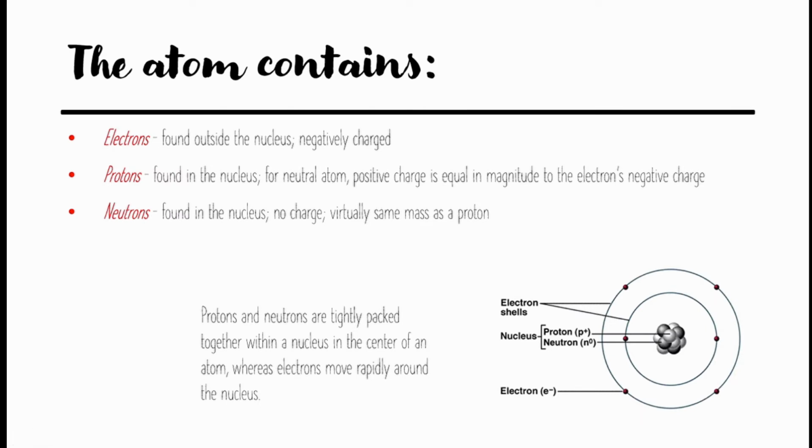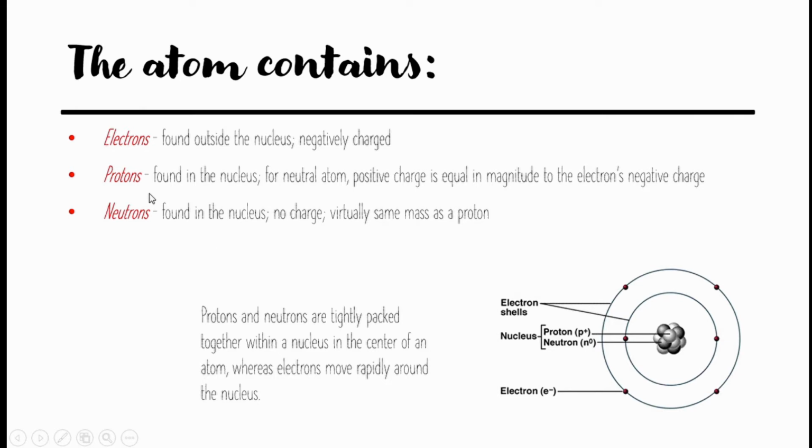First, let's discuss about electrons. As you can see, electrons are found outside the nucleus. It is negatively charged, so it has the symbol of e-.